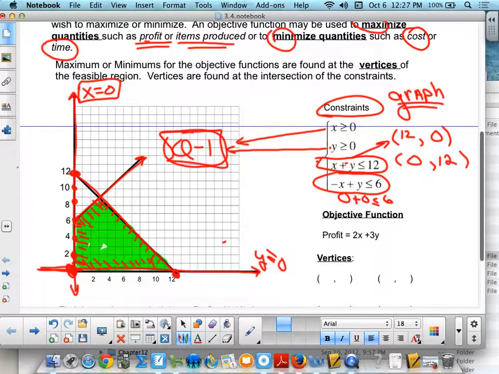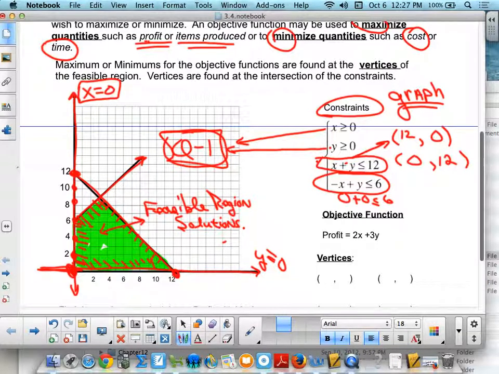And see, what happens is this little green region is called the feasible region. If you read up there, that was called the feasible region. And the feasible region has all your what? Solutions, yep. All your solutions fall inside here.